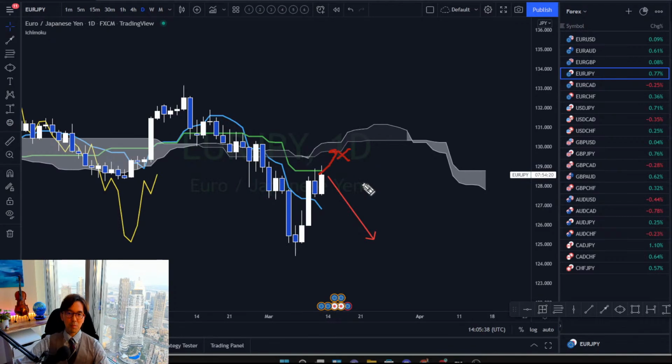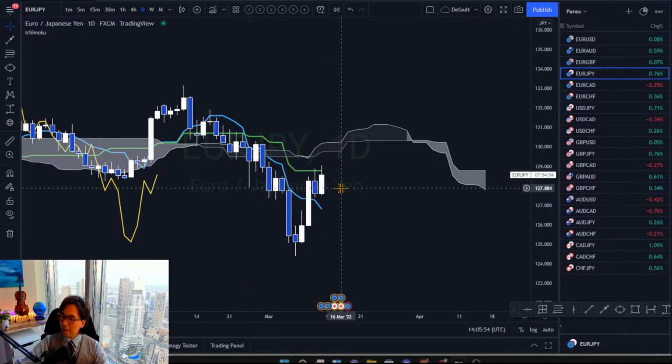Or I don't monitor the pair anymore because that will be range in lower time frames too. But right now it just retraced back to the daily Kijun Sen.